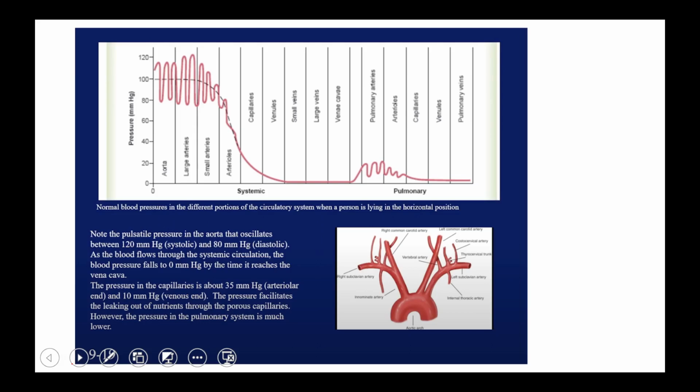This is the graph showing the blood pressure in the different veins and arteries carrying the blood throughout our body. The 120 and 80 blood pressure arises from the left ventricle into the aorta. The blood goes with that 120 and 80 pressure through the aorta, large arteries, small arteries and arterioles, and then the pressure drops.